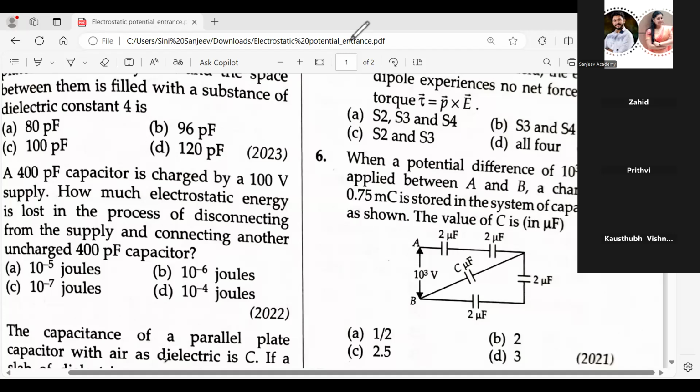In capacitance, it is just the opposite of resistors. Here, two capacitances are in series. In resistance, in series we add, right? In capacitance, we should do 1 by 2 plus 1 by 2.